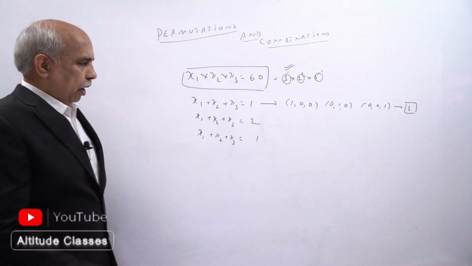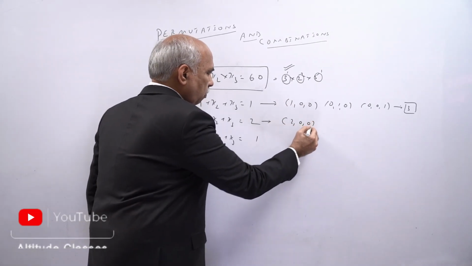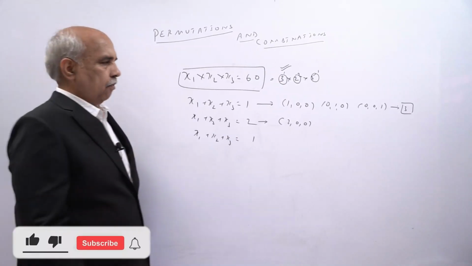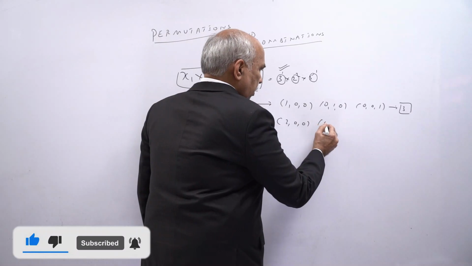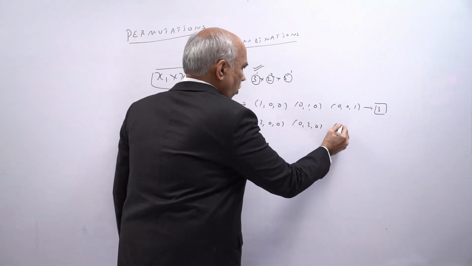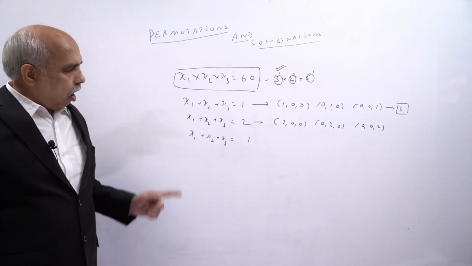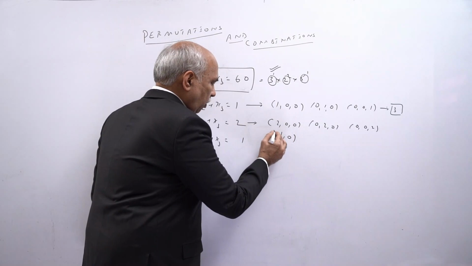If I take the second one, how can it go? I can give 2 bananas to 1 person, and the remaining 2 people don't get anything because I am not cutting the fruit. So 2, 0, 0, or 0, 2, 0, or 0, 0, 2. These are the 3 cases. Or I can also do it like this: 1, 1, 0.